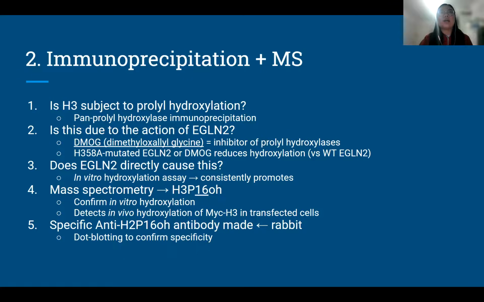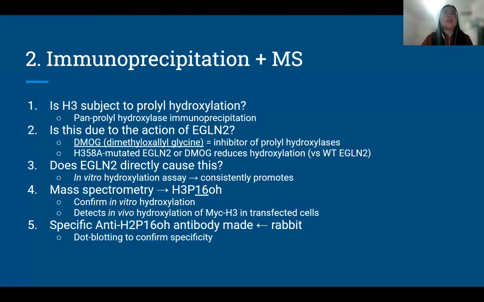They do that because they don't know which proline is hydroxylated at this stage. The H3 histone has 6 prolines, so they do a pan-prolyl hydroxylase immunoprecipitation, which will pull down all of the hydroxylated H3. And then, of course, they found that H3 is hydroxylated.